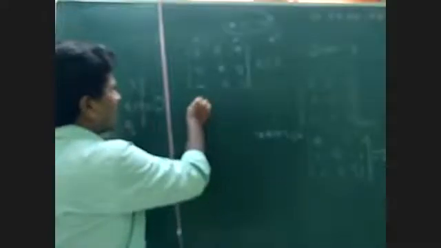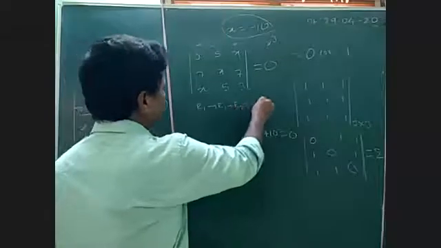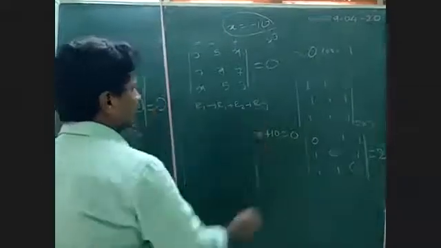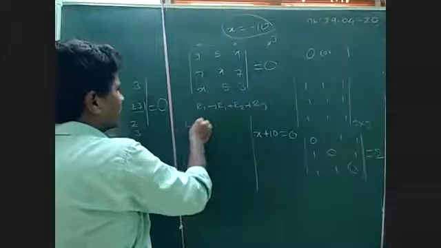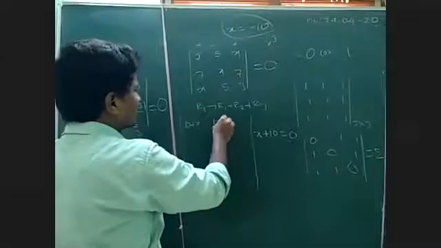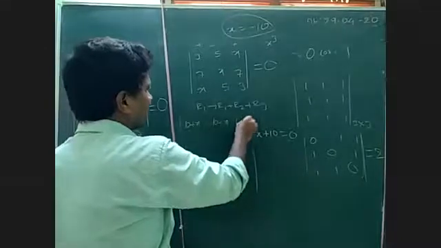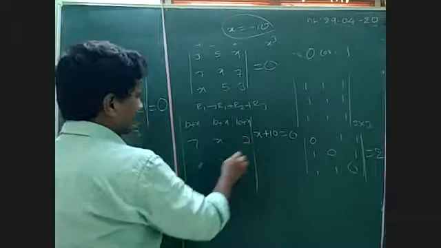We can apply R1 tends to R1 + R2 + R3. Then 3 + 7 + x is 10 + x, 5 + x + 5 is 10 + x, and x + 7 + 3 is 10 + x. The remaining rows are as they are, x, 5, 3, equating to 0.